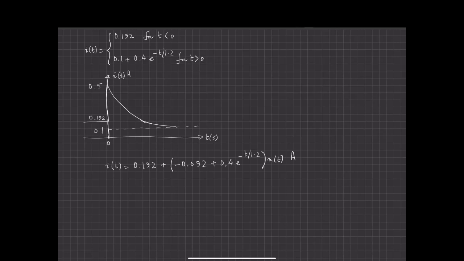Remember, u of t is 0 for t less than 0 and is 1 for t greater than 0.